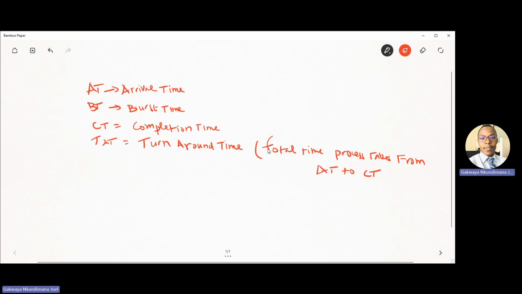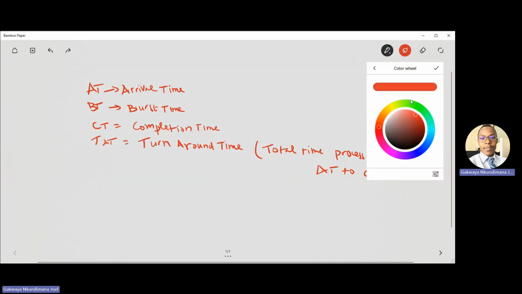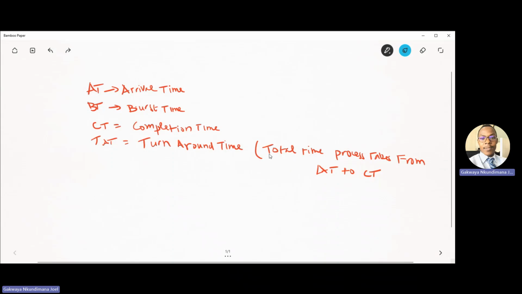Total time, not a CPU, total time a process takes. I underline this one: it is the total time one process takes from arrival time to the completion time.